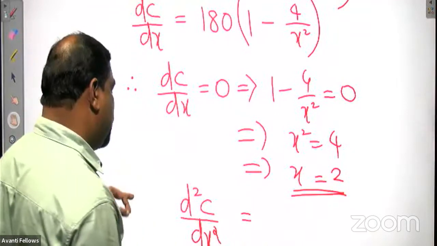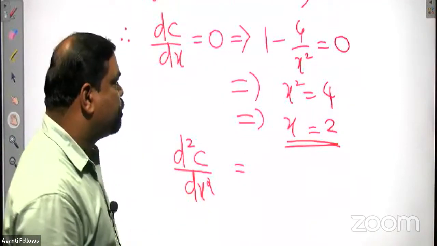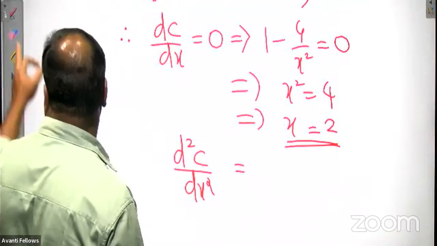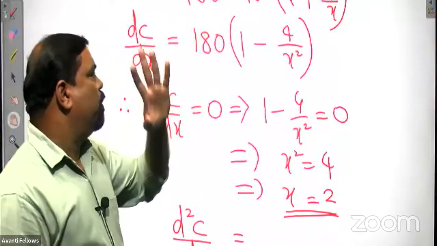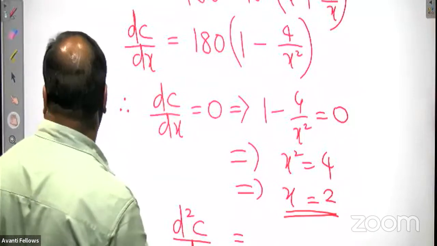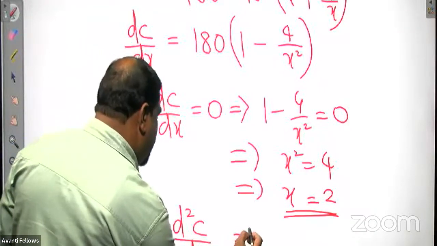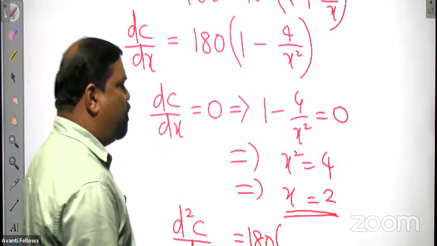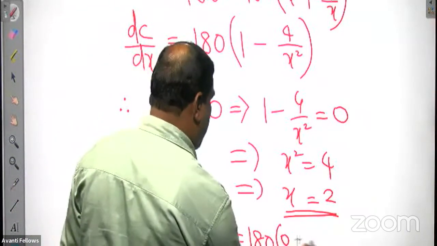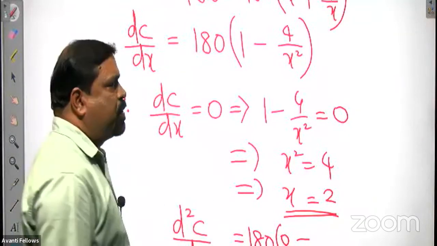So d square c by dx square. What is the second derivative? First derivative is 180 into 1 minus 4 by x square. So again, if you differentiate 180 into, derivative of 1 is 0 only, 0 minus derivative of 4 by x square.